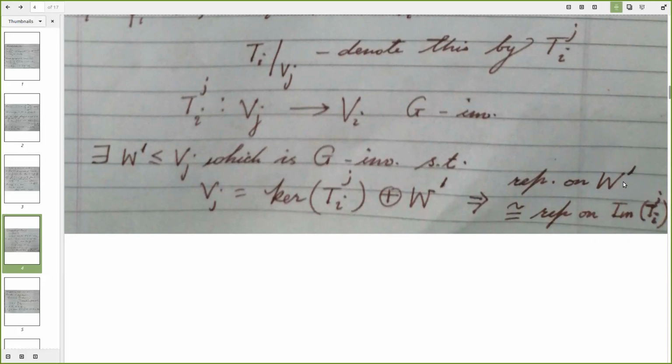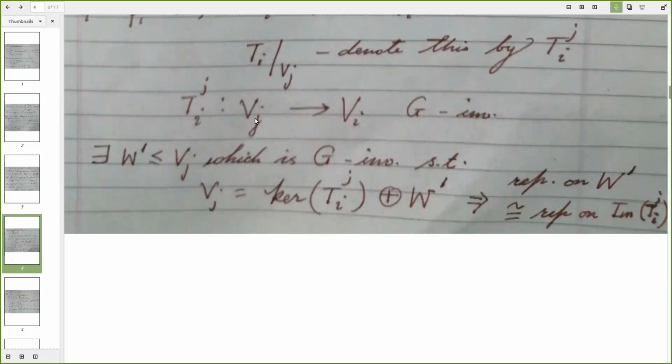Now see one thing: any irreducible subrepresentation of W prime, since W prime is a G-invariant subspace of Vj, has to be isomorphic to rho j, because of the way Vj has been constructed.